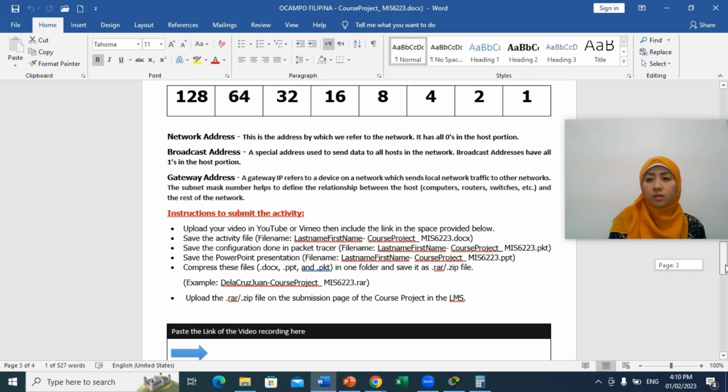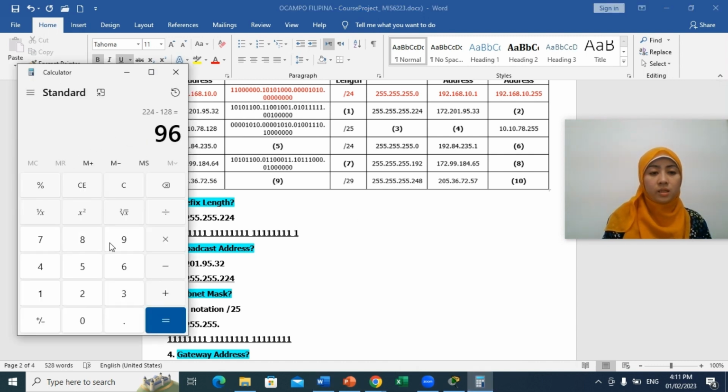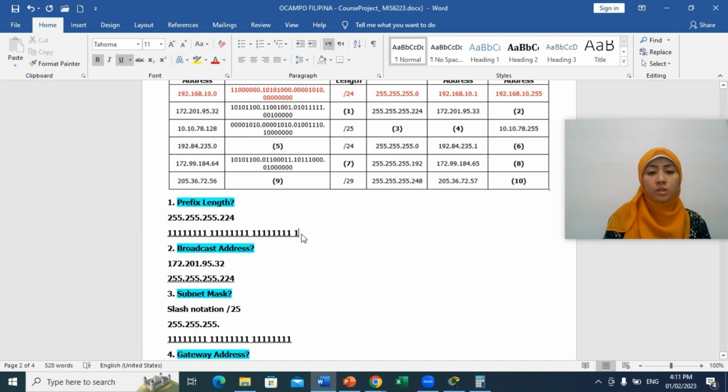So 128 is possible to subtract from 224, so we will put 1. And then the next one is 96 minus 64, which is 32. 64 is possible, so we will put 1.